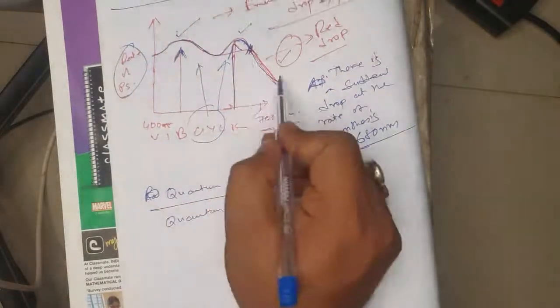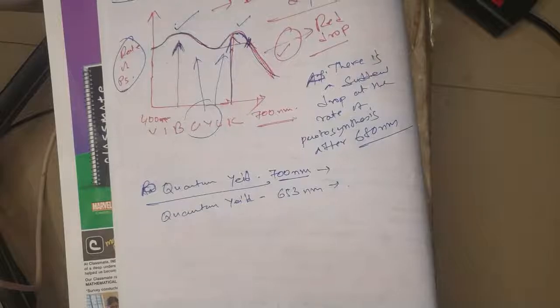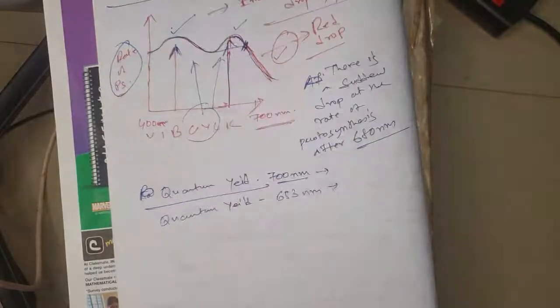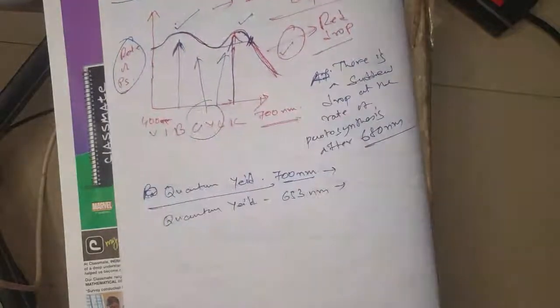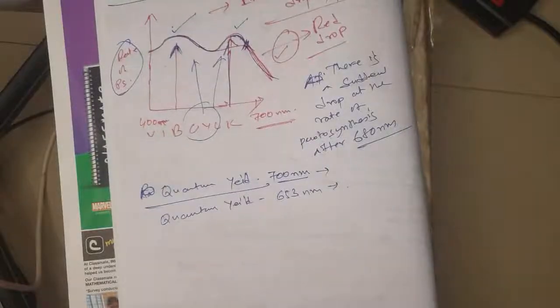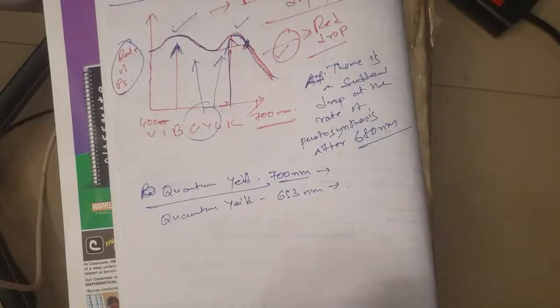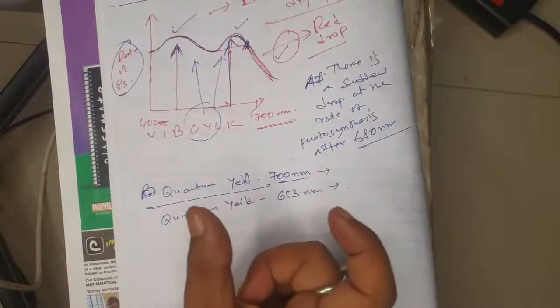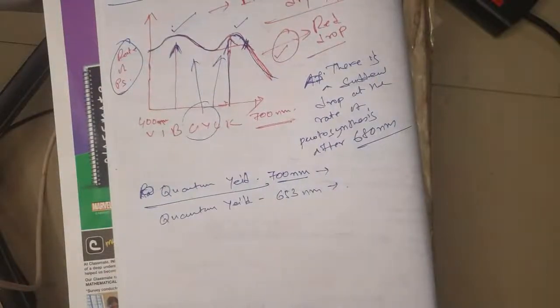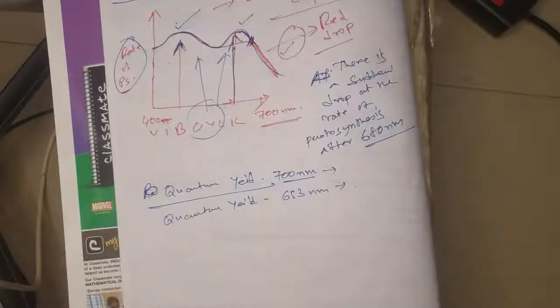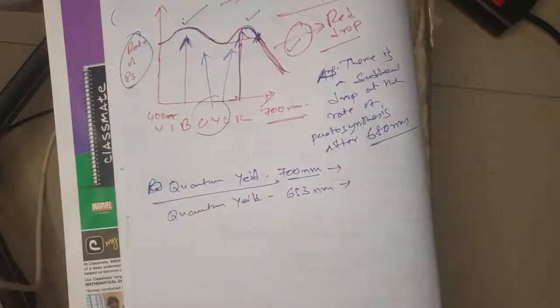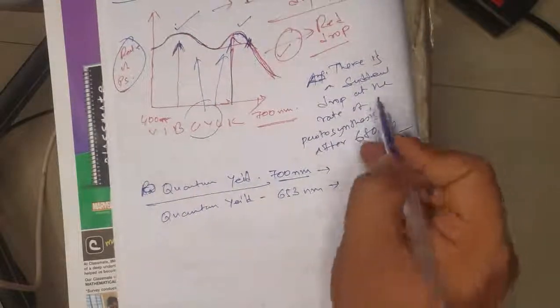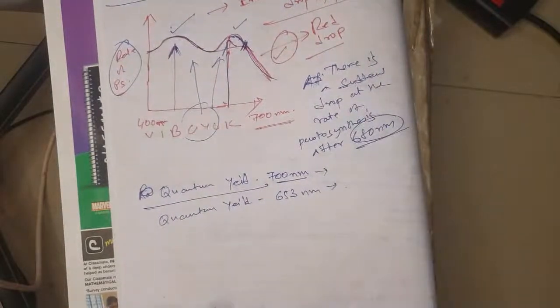Don't think that the drop is only in infrared, after red. No. Within red itself there is a range of wavelengths. So why is the drop happening after 680 nanometer?